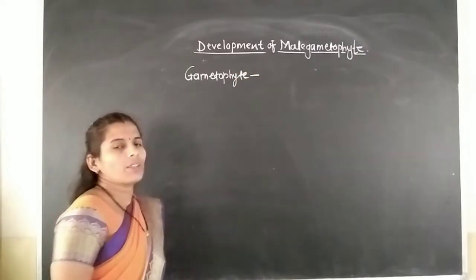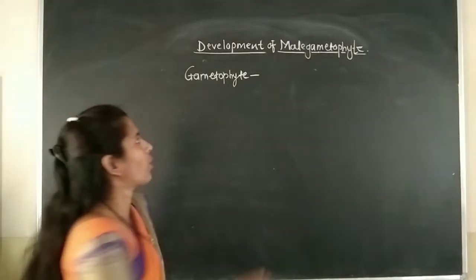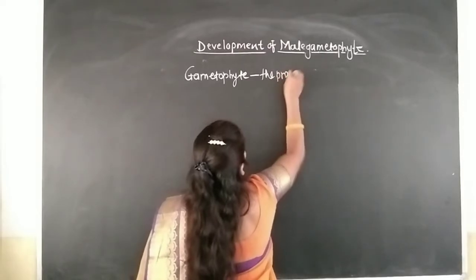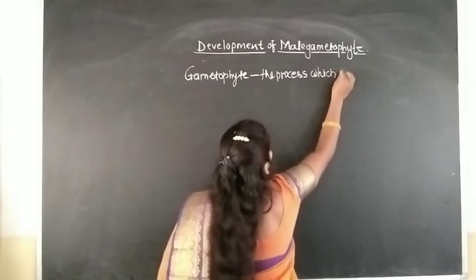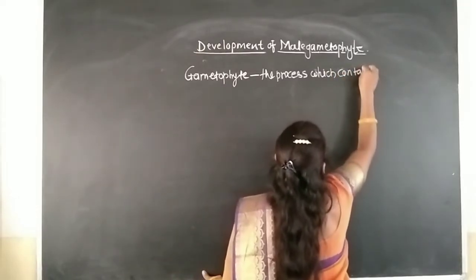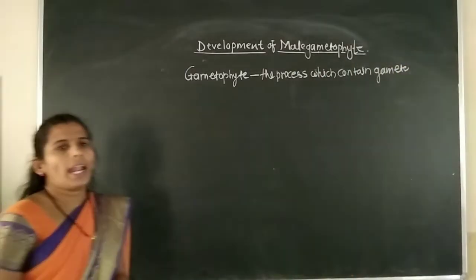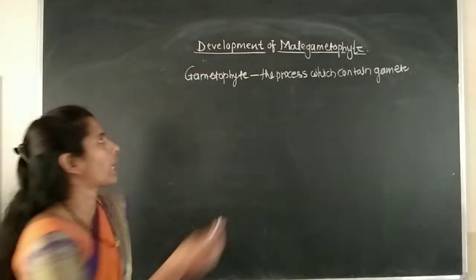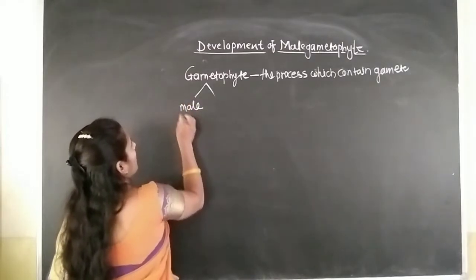The process which involves or contains the gametes is called a gametophyte. The gametophyte is divided into two types, that is male gamete and female gamete.